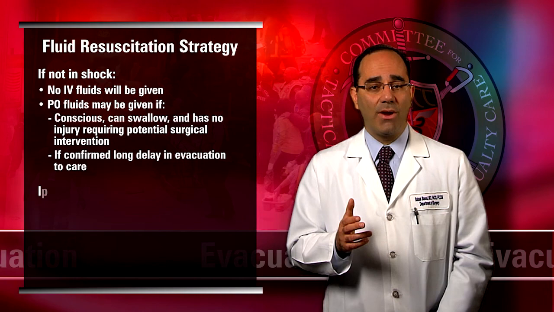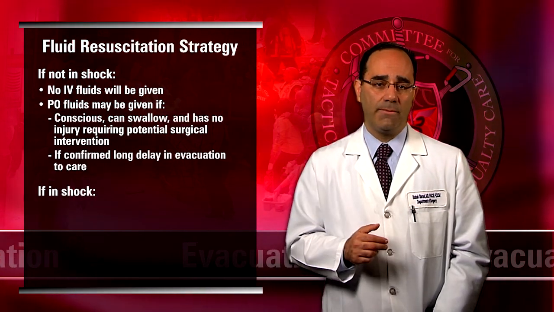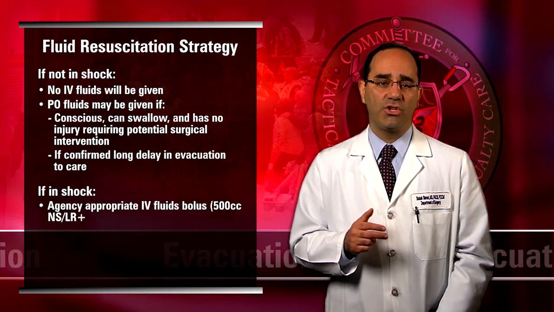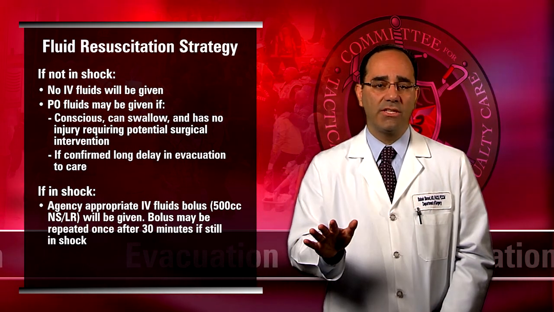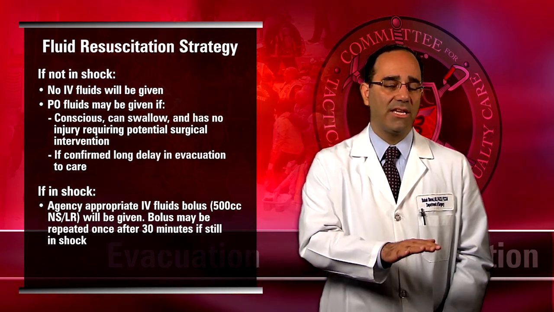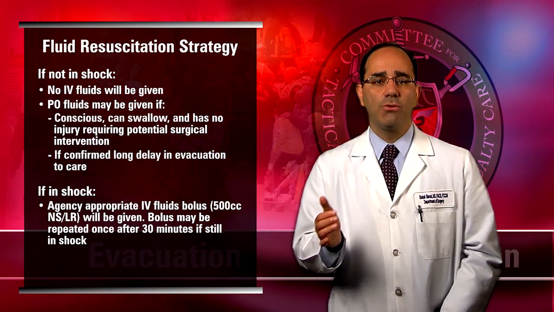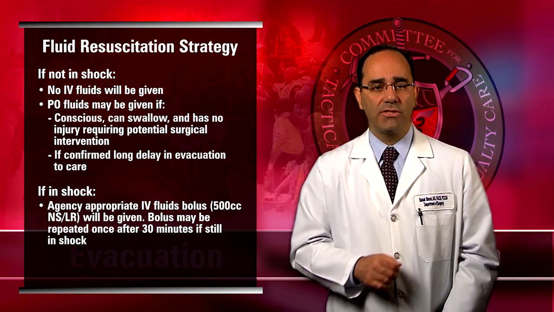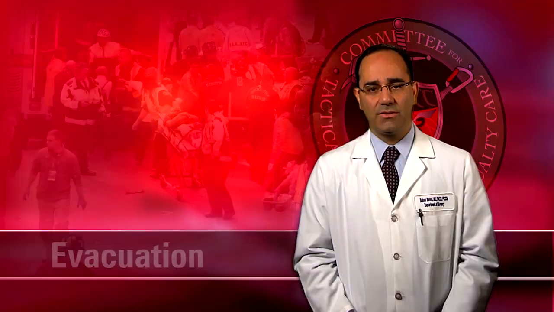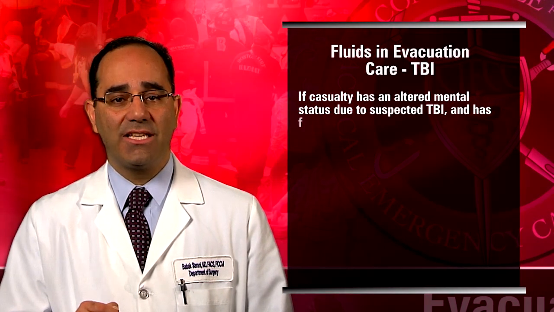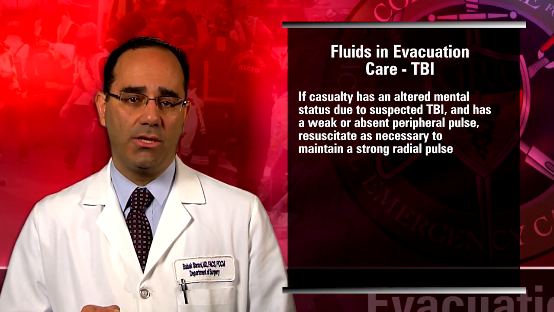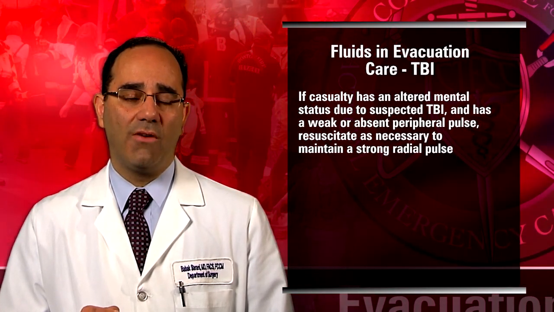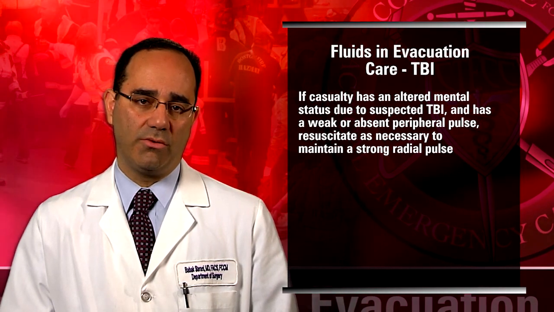For patients in hemorrhagic shock without head injury, the initial fluid resuscitation strategy is 500 cc boluses of whichever fluid is in your agency protocol, normal saline or lactated ringers, to maintain a palpable radial pulse and to improve mental status. However, if the casualty has an altered mental status because of traumatic brain injury, the goal for fluid resuscitation becomes a systolic pressure of 90 to 100 millimeters of mercury.